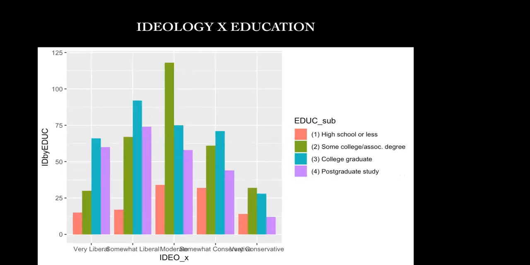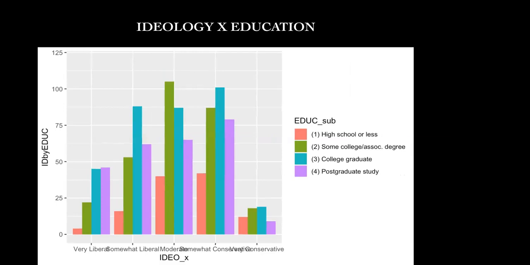And this is between ideology and education. This is the original data set, and this is the synthetic one. You could see that because some education groups have shrunk during the synthesis process, there is some variation between the two graphs.